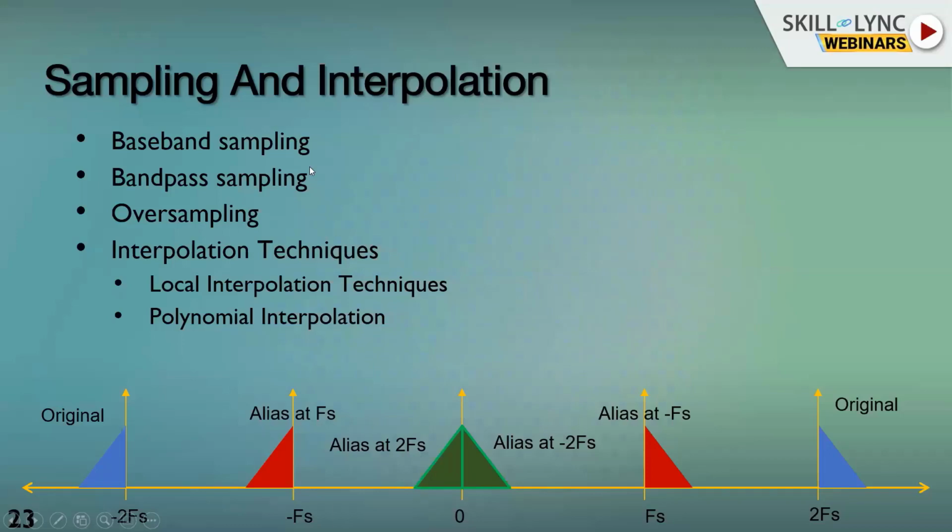So bandpass sampling is utilized when we have a bandpass signal, and it is a very important technique in all of the applications that I have talked about.